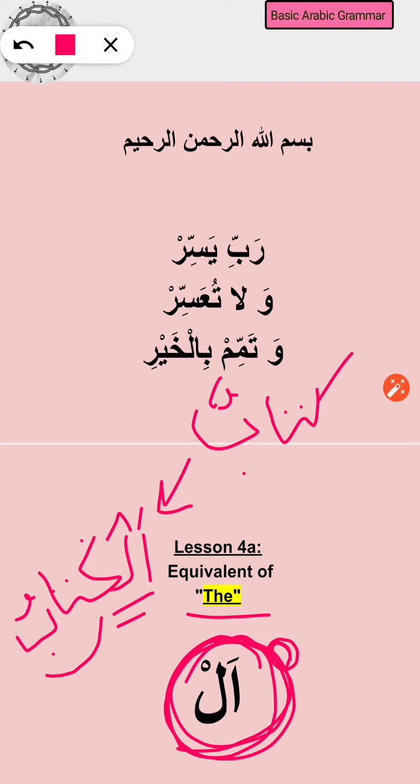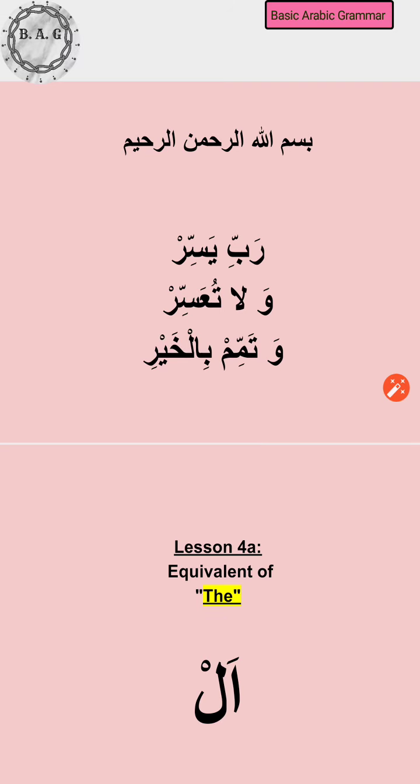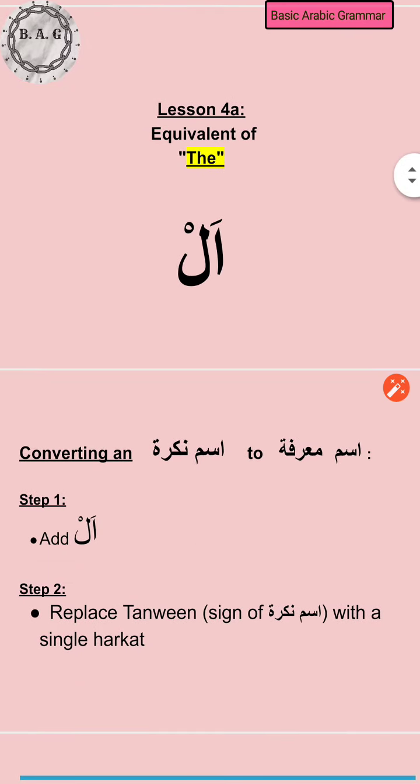This was our example, and let's proceed. Alright, so since this is lesson 4a, in this lesson we are only going to learn how this conversion takes place, and then we are going to study a couple of related concepts to this al thing, and then inshallah proceed.